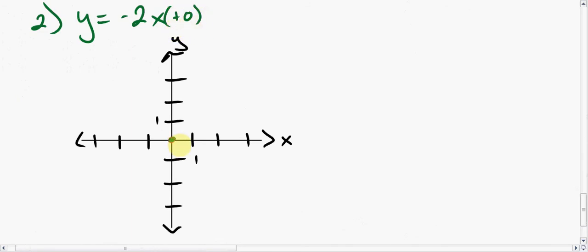So I have a y-intercept of 0, and my slope is negative 2, or negative 2 over 1. So I'm going to go down 2, right 1. Now we'll draw a line passing through each point. And then I'm going to graph y equals x, my parent function, which has, again, a y-intercept of 0, but it has a slope of 1.